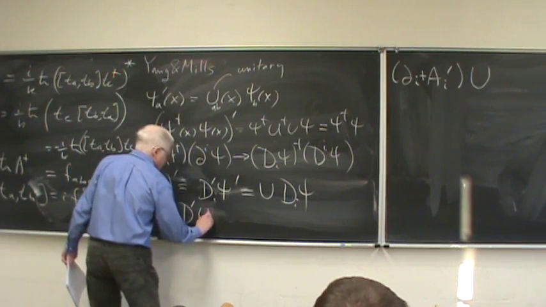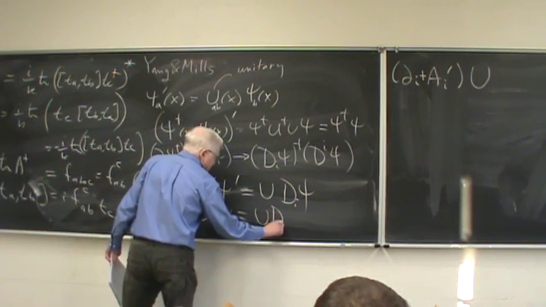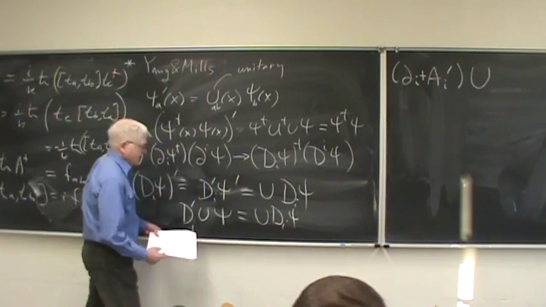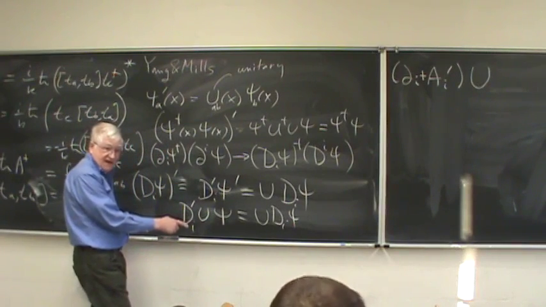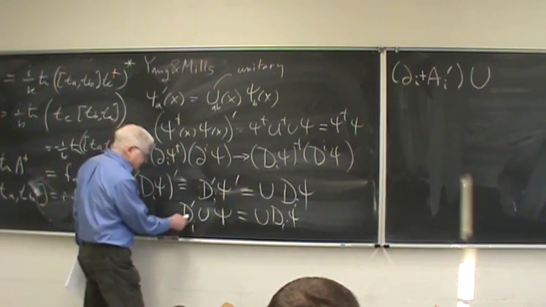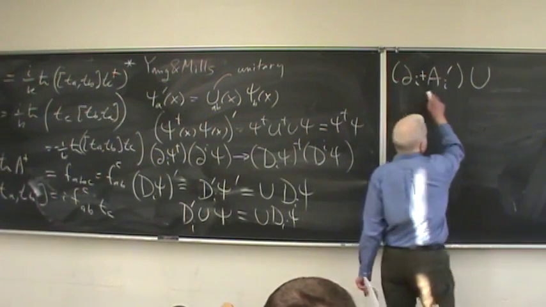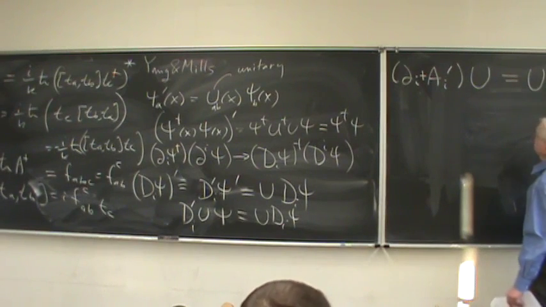This is D prime U psi equal to U D psi. Let's unpack this just a little bit. Now we have the same psi there, so really all we need is D prime U should be U D. So this is D prime U equals U D.